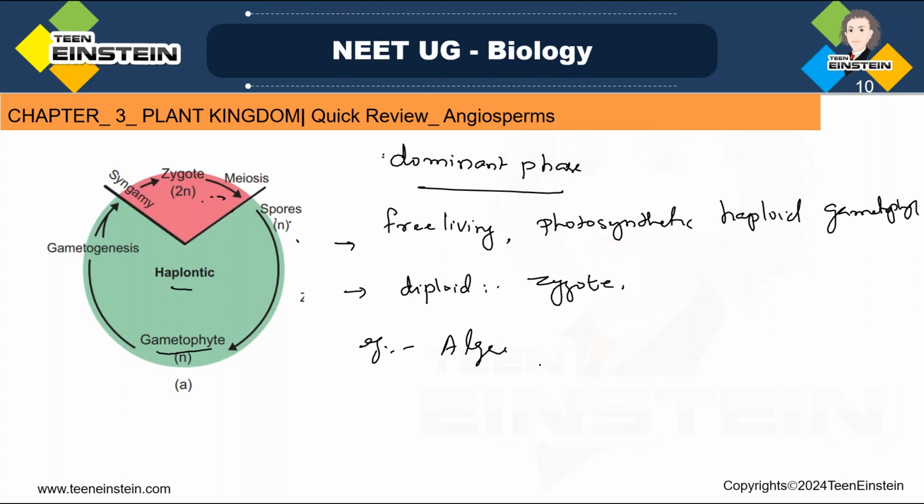So in such cases, you can see haplontic life cycle. Most of the time of their life cycle is gametophyte. The spore will germinate and form the gametophyte. And again, the diploid stage you can see only with the zygote formation.